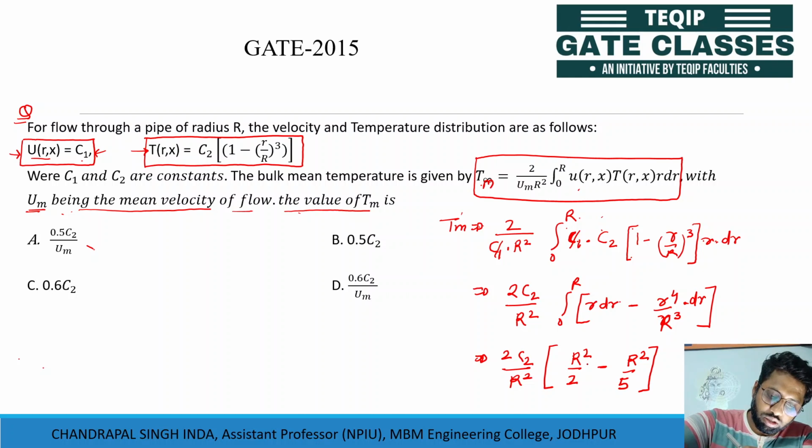So R square is a common term in this integration, and we will have 2 C2 multiplied by 1 by 2 minus 1 by 5. So the final result will be 3 by 5 C2, and the answer will be 0.6 C2.